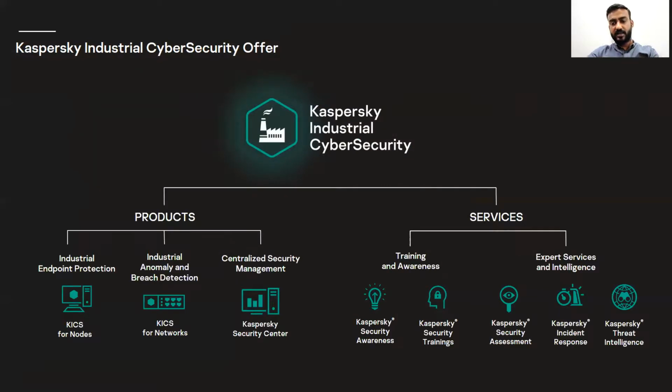Considering the threat landscape in the OT environment, Kaspersky offers not only products but also services. The products include our specialized solution for endpoint protection in industrial systems, which we call KICS for Nodes. We have KICS for Networks and a Security Center for centralized management.